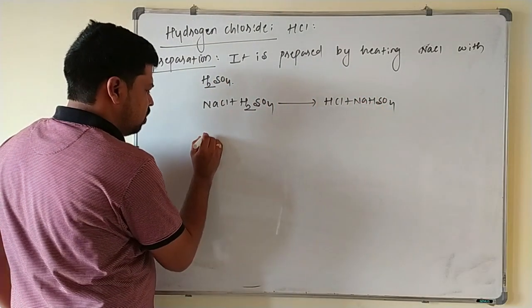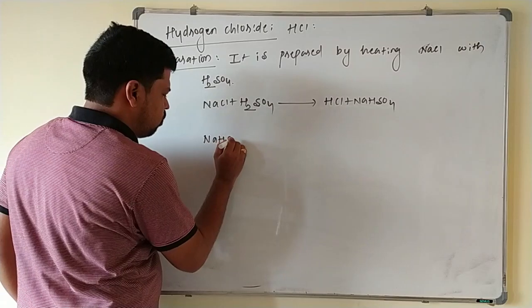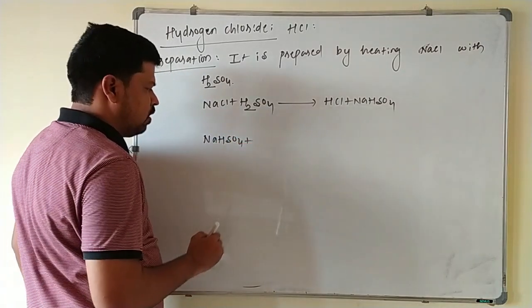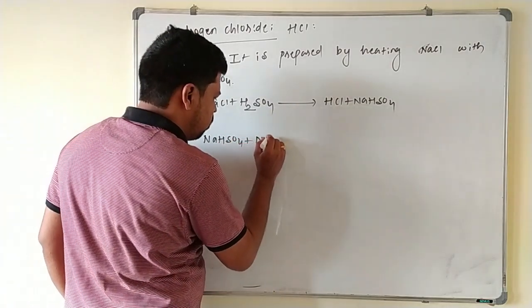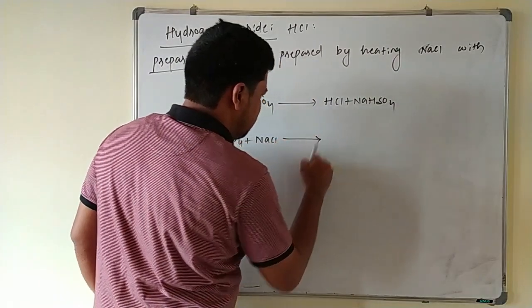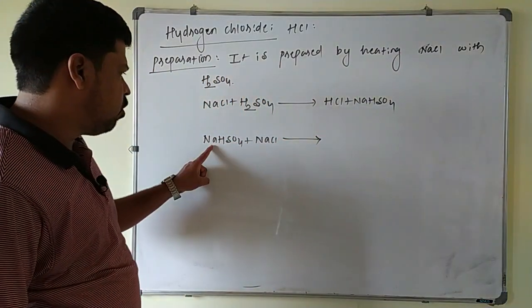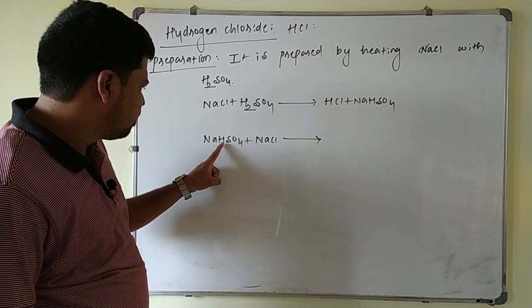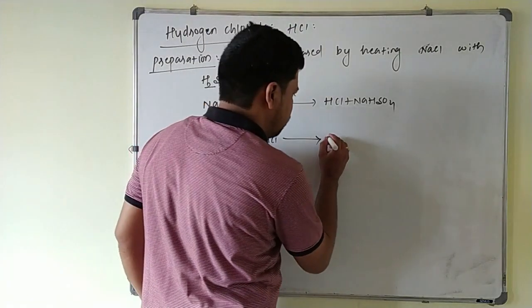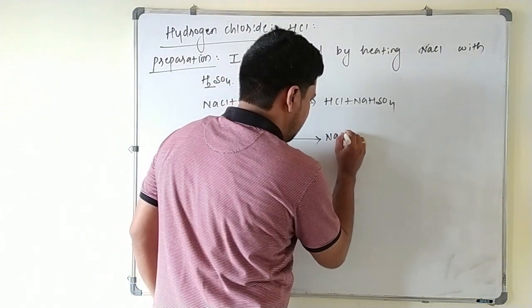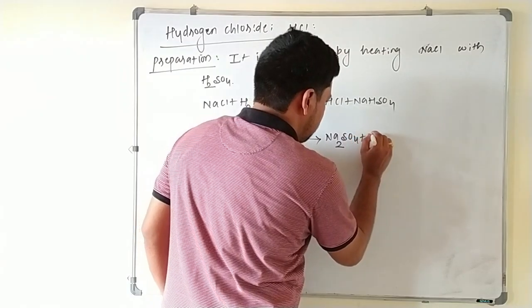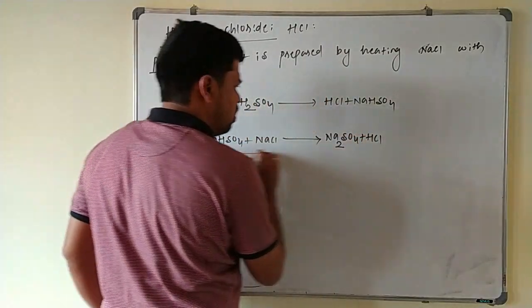NaHSO4. This NaHSO4 further combines with another mole of NaCl, so that there is a formation of sodium sulfate plus HCl, Na2SO4 plus HCl.